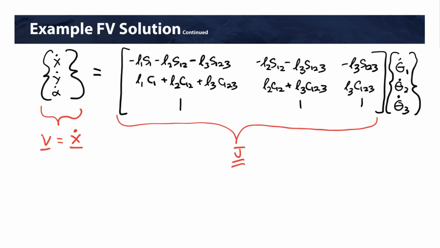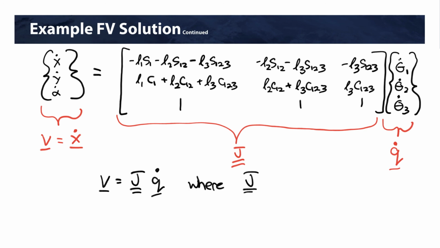And our last part here is our vector of joint rates, which is q dot. So we have v equal to our Jacobian times q dot, where J is the Jacobian, and it maps our joint rates to our end effector velocity.